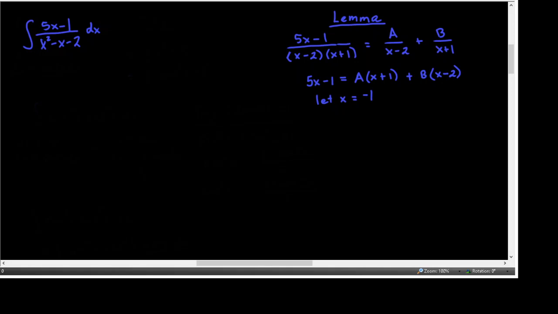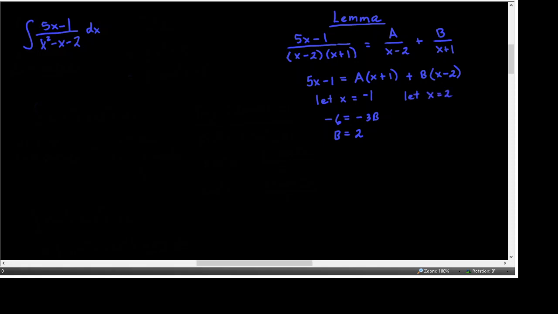So if I let x equal -1, 5 times -1, -5 minus 1 is -6. -1 plus 1 is 0, so the A term is gone. -1 minus 2 is -3, so that's -3B. And then dividing, I find that B is +2. Then I let x equal 2.